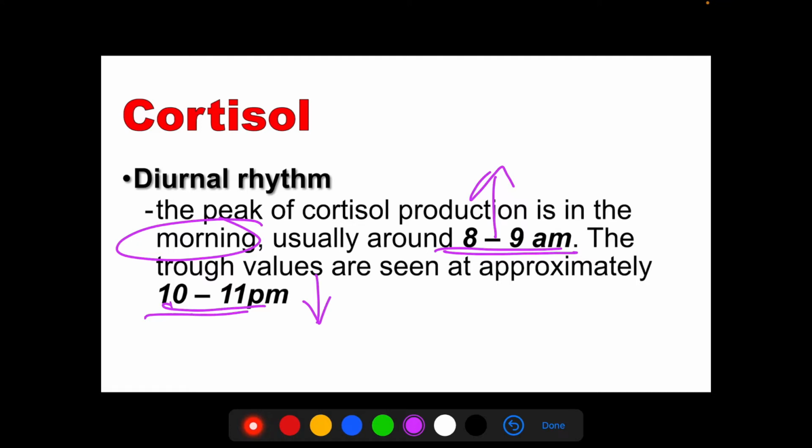Patients who are undergoing significant stress might lose the rhythmic production and exhibit elevated cortisol levels with no discernible cycle of synthesis. So that's how the diurnal rhythm of cortisol is important to us.